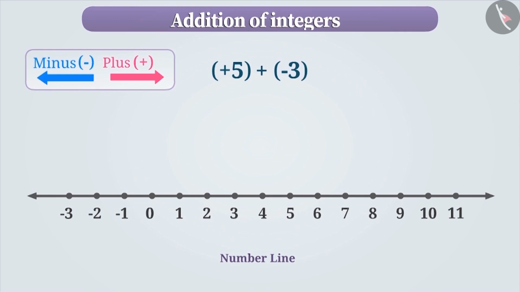How do you think we'll do it? You got it right. To mark plus 5 first, we move 5 steps towards the right of 0. Now to add minus 3 to it, we move 3 steps towards the left of the first integer, resulting in plus 2. Now let's learn how subtraction of integers is done.